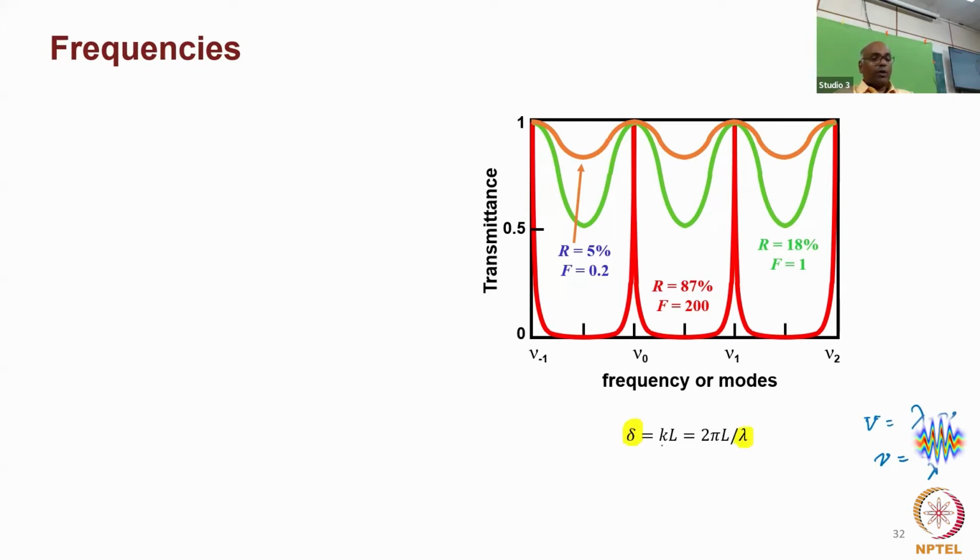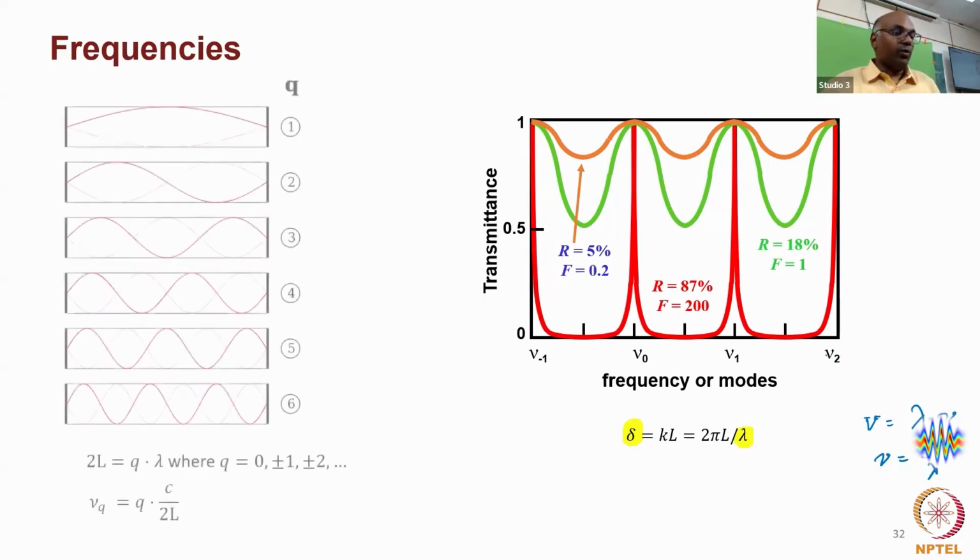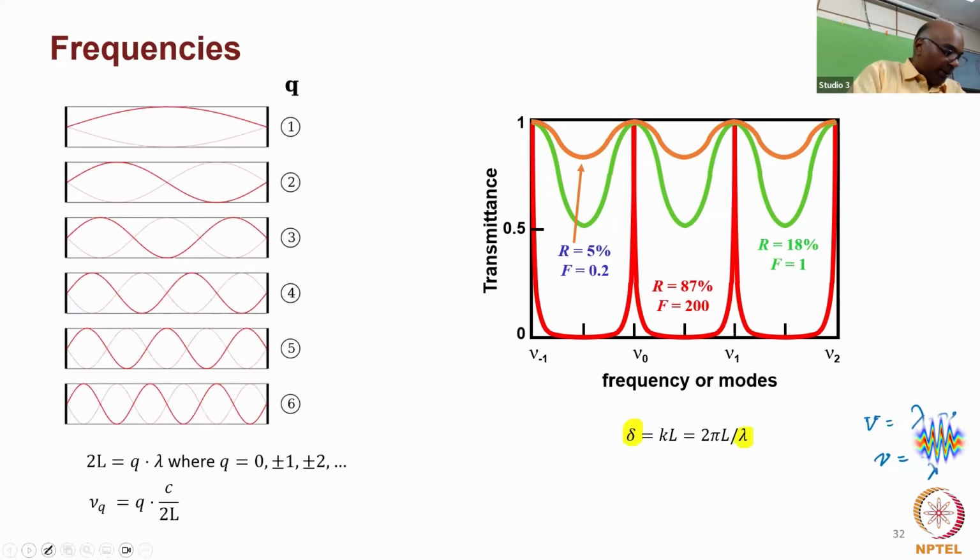Okay. So now we are writing this in terms of frequencies. We have changed the delta scale to a frequency scale where the maxima occur at special or chosen frequencies nu0, nu1, nu2, or nu minus 1, nu minus 2, indexed by an integer parameter q. So let's call that integer parameter q.